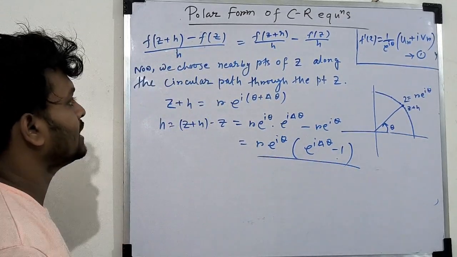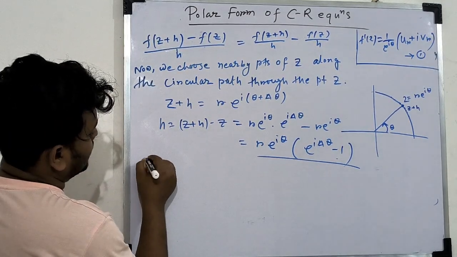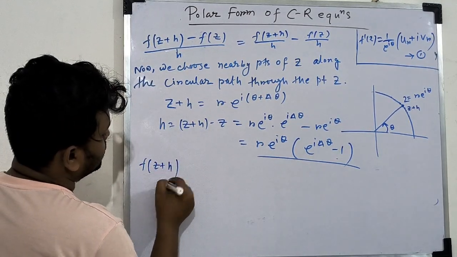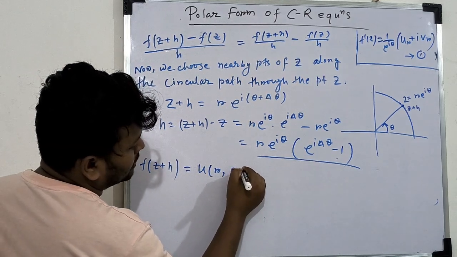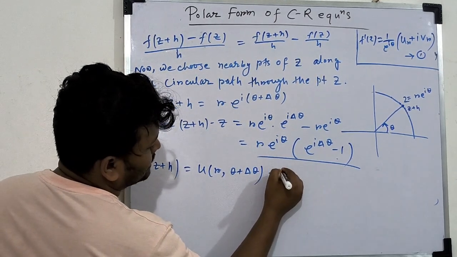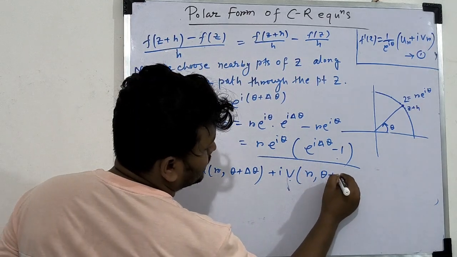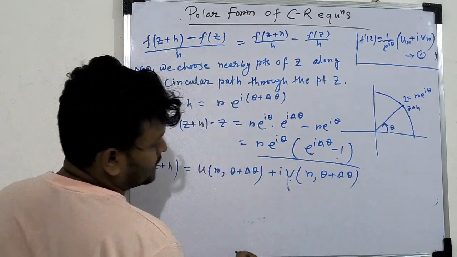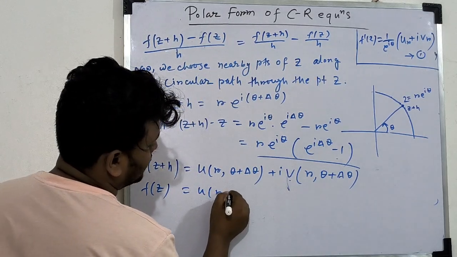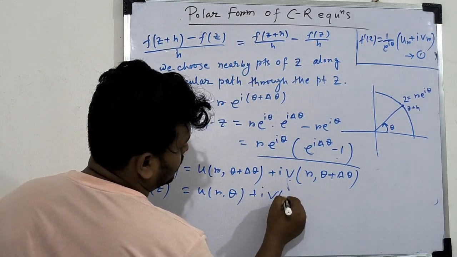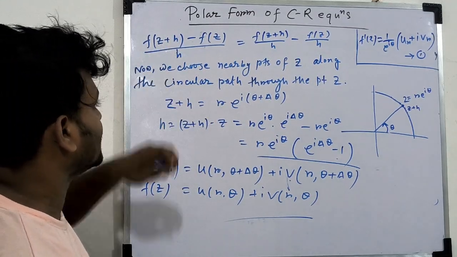So we have to find this. For this point, f of z plus h will be u(r, theta plus del theta) plus i v(r, theta plus del theta), and f of z is u(r, theta) plus i v(r, theta). Now we put all these values in this equation.